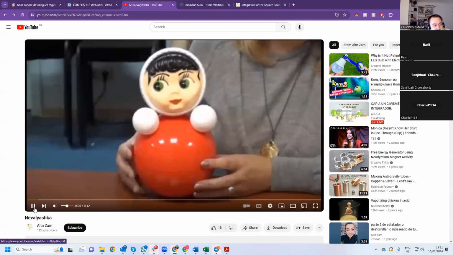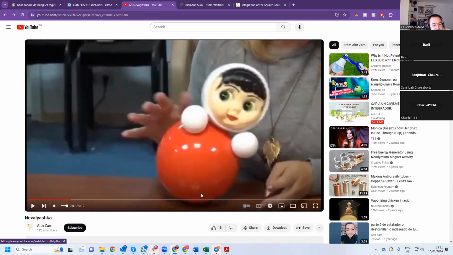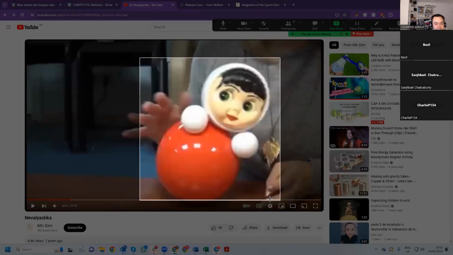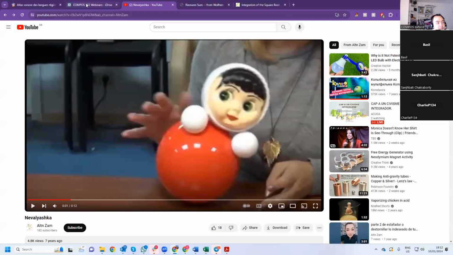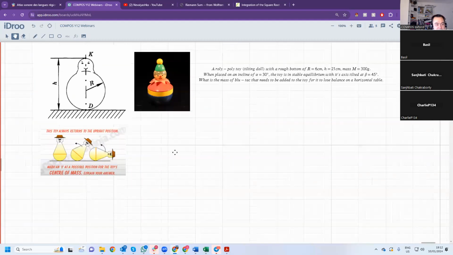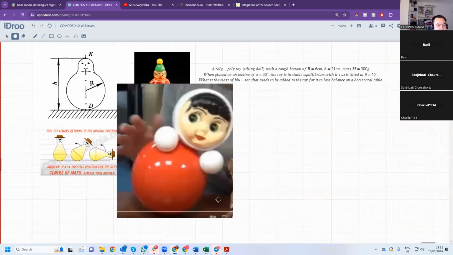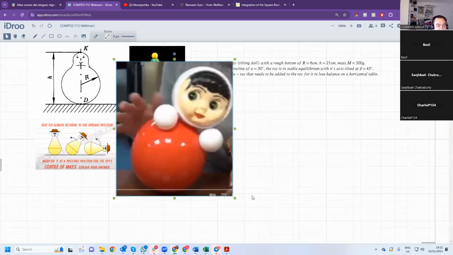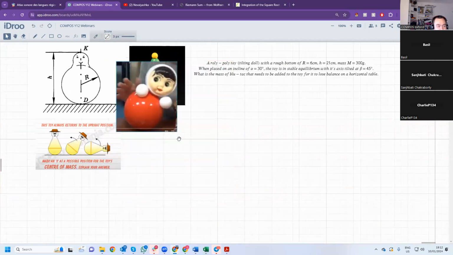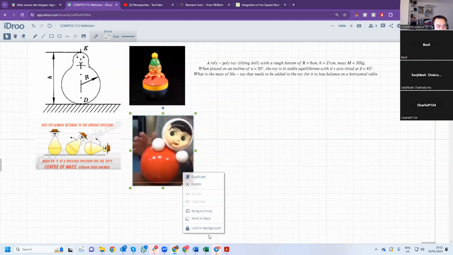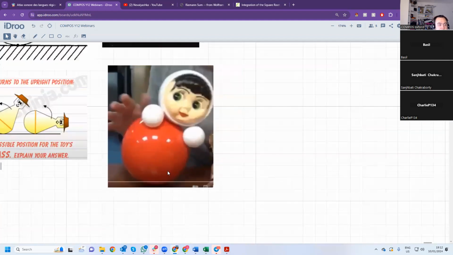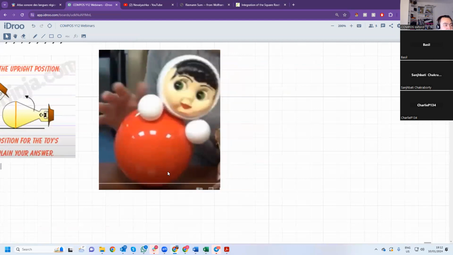Let's take a snapshot here. We need to figure out where the center of mass is of the doll. Of course, this is a sphere.